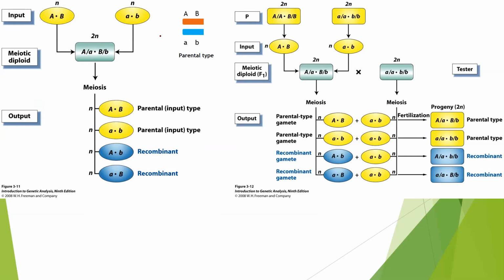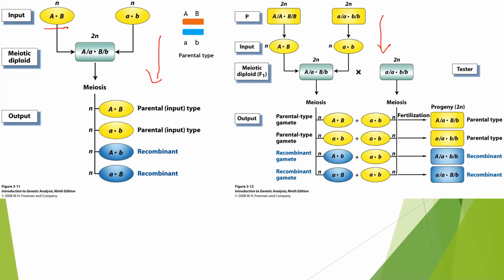We can use either the haploid model or the diploid model. Previously I asked you to read the textbook about the life cycle of Neurospora, right? That's a very useful haploid model organism that we're going to use for genetic dissection, especially for mapping a gene.